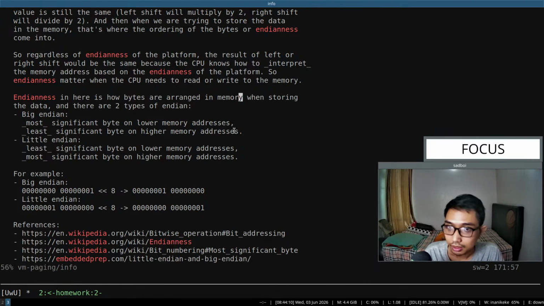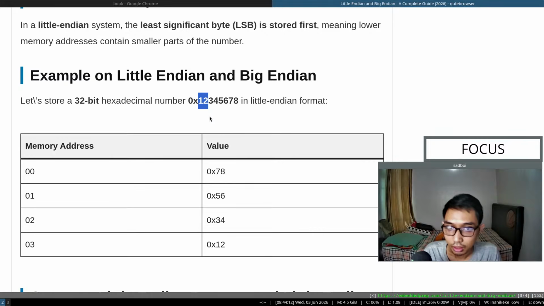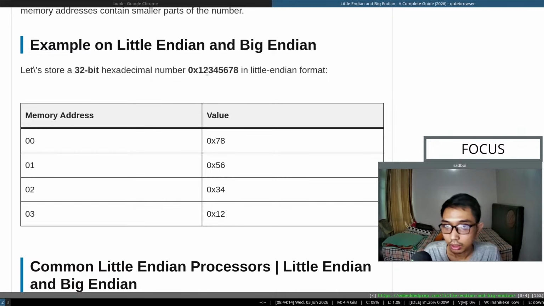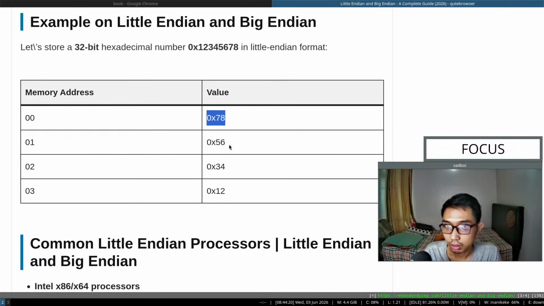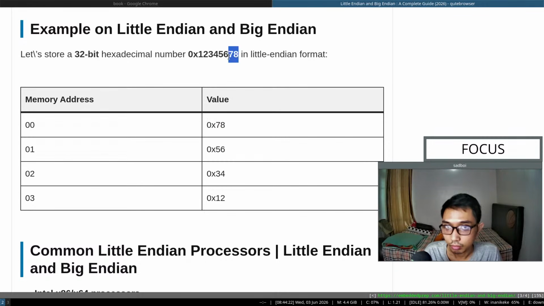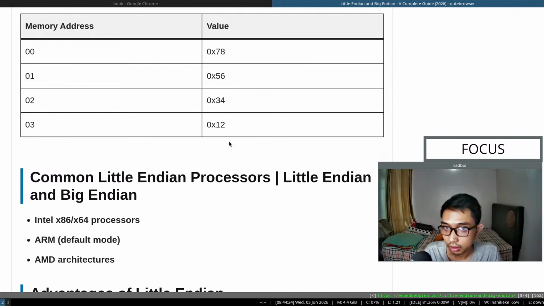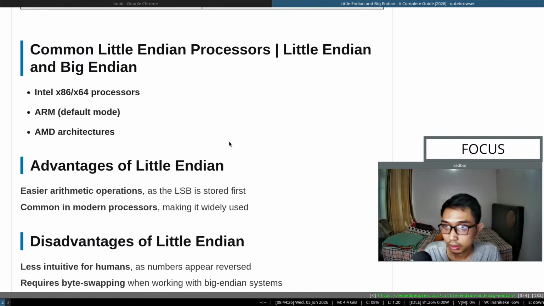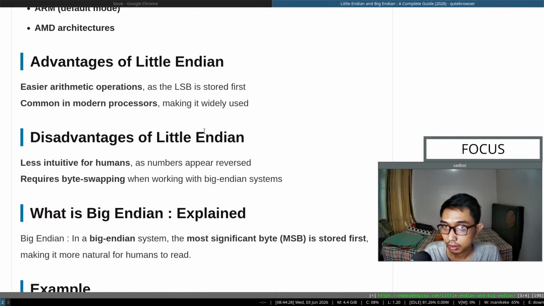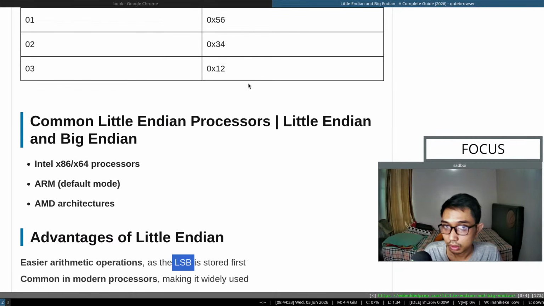Okay, wait. Okay, we are storing this one in this order. Okay, so this is the value. Least significant byte is stored first.